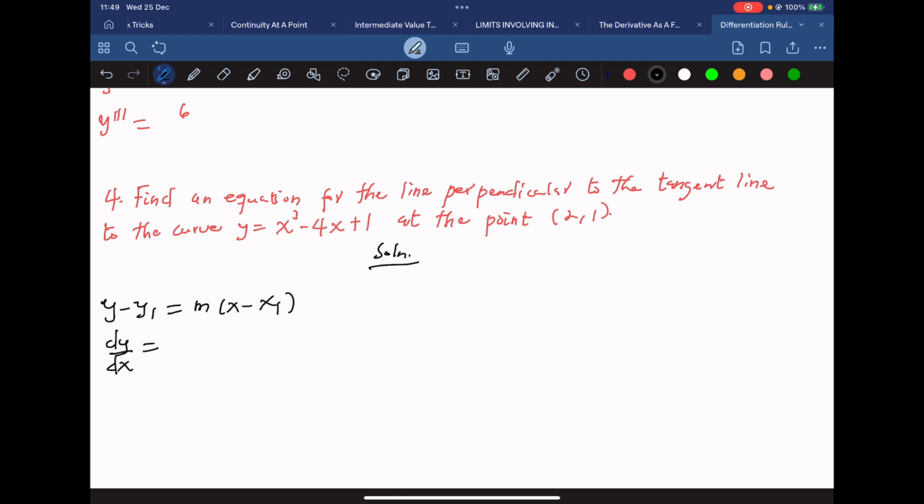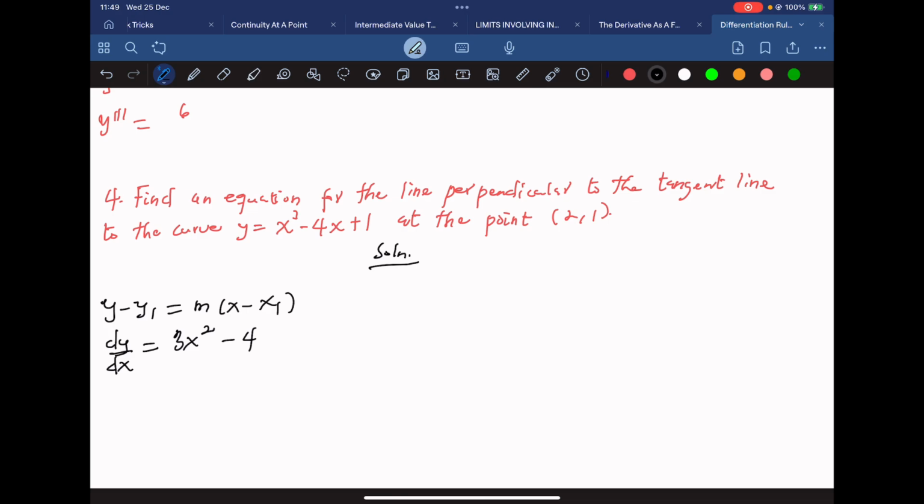So dy/dx is just differentiating this polynomial. If we differentiate x^3, you have 3x^2. And if we differentiate negative 4x, you just have negative 4. Okay, so this is our dy/dx.